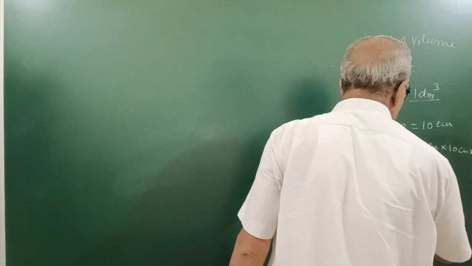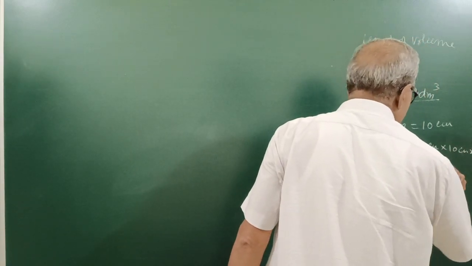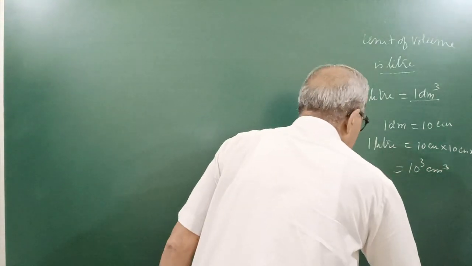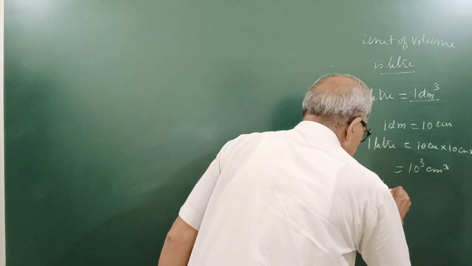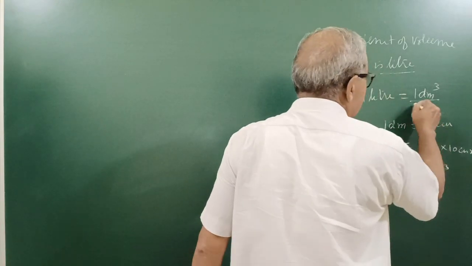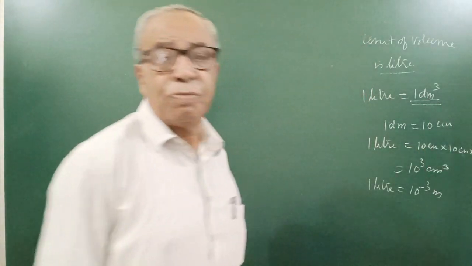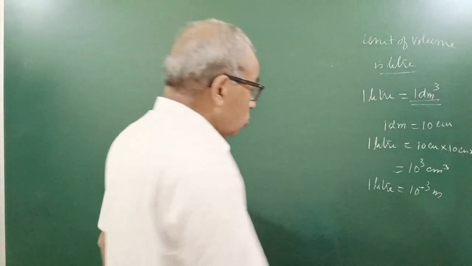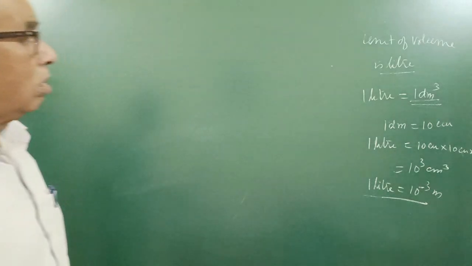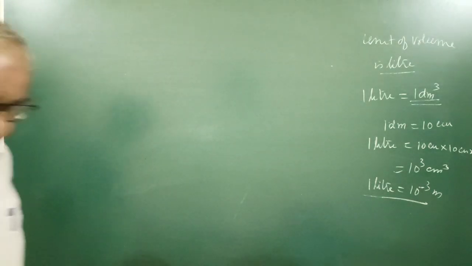So it will be 1000 centimeter cube. 1 liter also is equal to 10 to the power minus 3 meter cube, because 1 decimeter is 0.1 meter. So these terms should be very clear in the brain, otherwise we get caught in trouble.